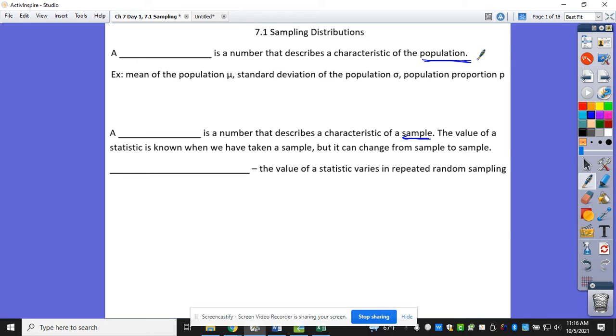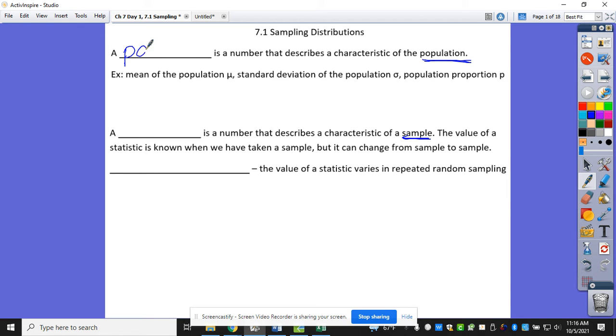So let's say something like the average GPA of the whole school is, I'll just use easy numbers, a 2.0, but the average GPA of our class is a 3.5. Which one of those would be the sample? Our class or the school? Our class. So that 3.5 would be this thing. That 2.0 is this thing. Because this one described the entire population, the 3.5 just described our sample.